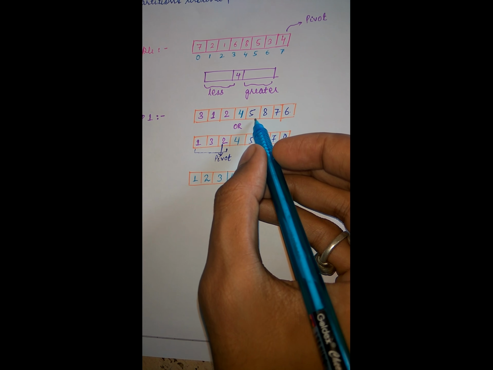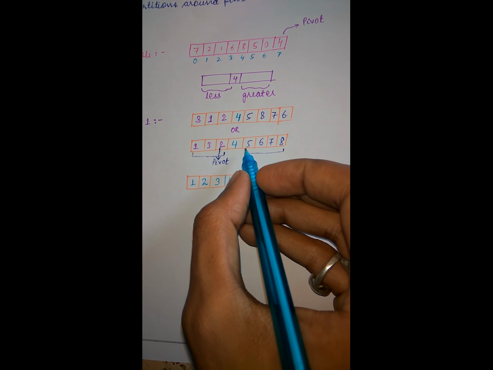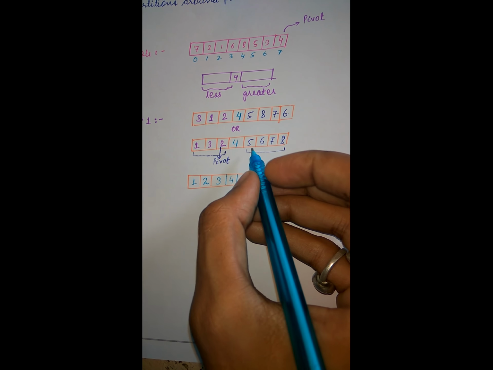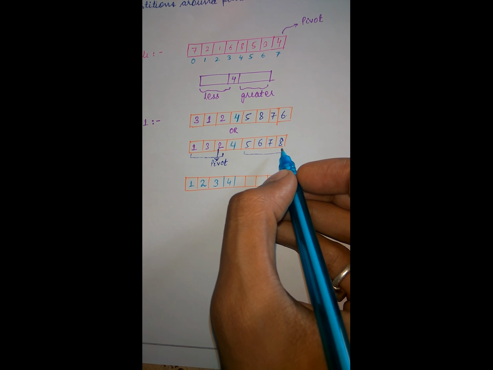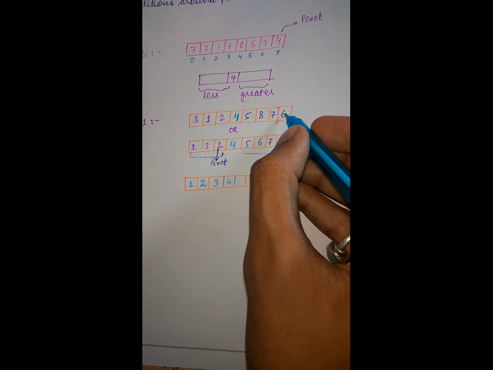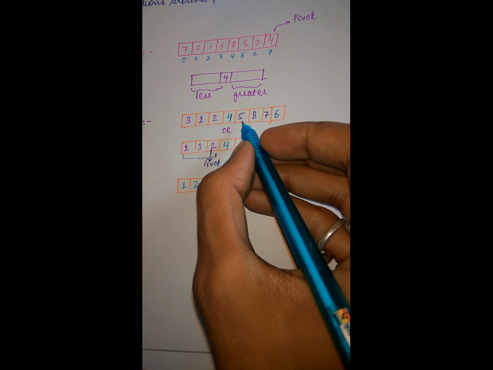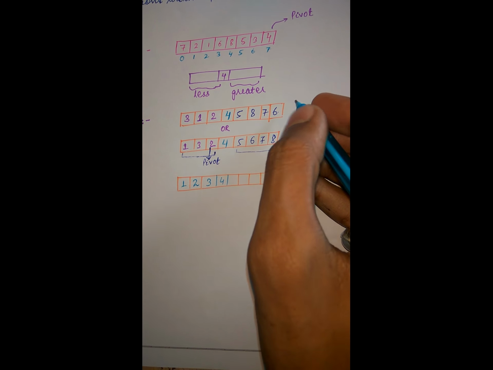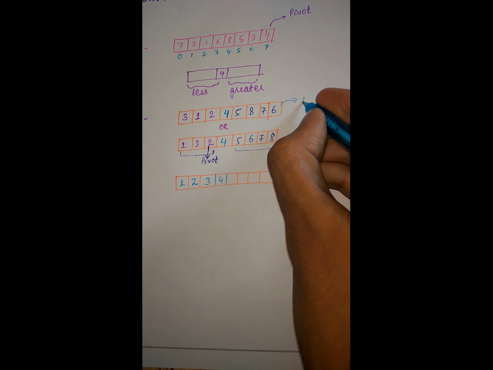Now we consider this side. Since this one is already arranged, we are not taking this as our example; we will take this one as our example. 5, 8, 7 and 6. Similar steps would be followed. There are 4 elements. The last element would be our new pivot.